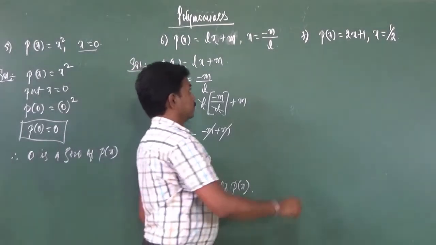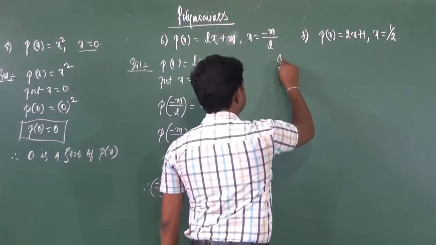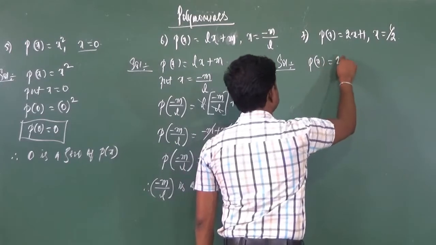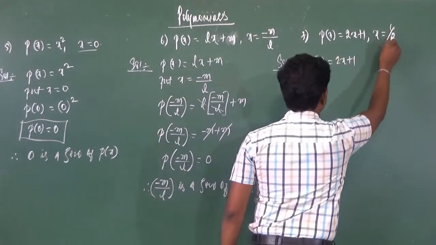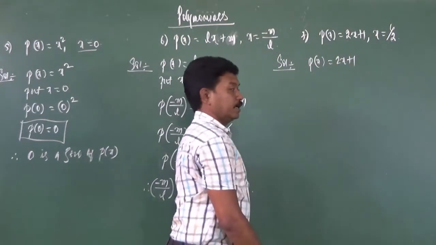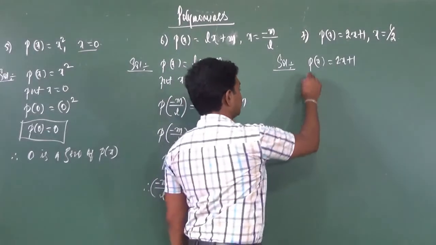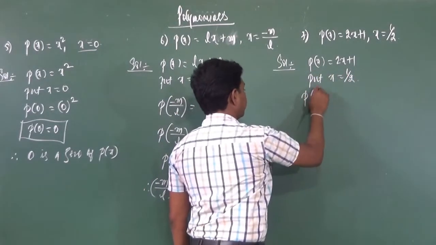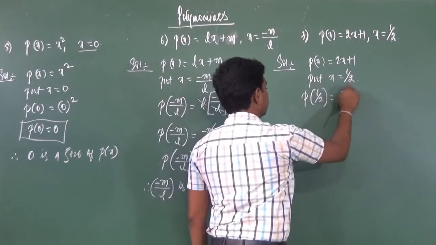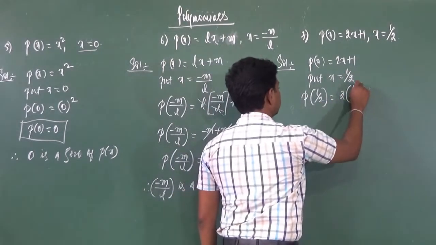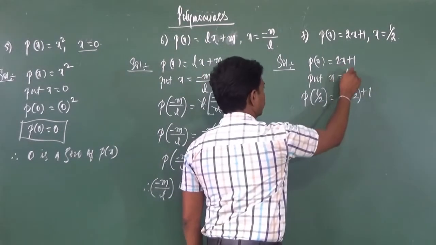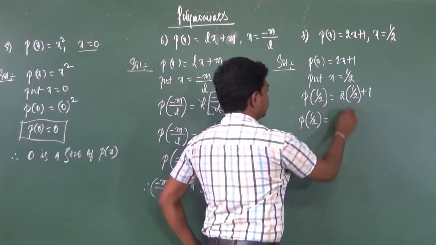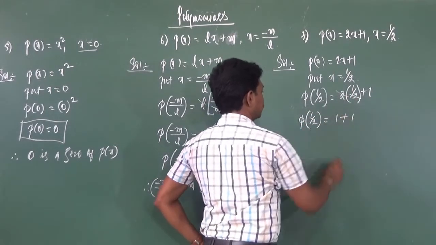Right. So we get into the seventh problem. Same thing. So p of x is equal to 2x plus 1. We have to check whether 1 by 2 is a 0 of this polynomial or not. So put x is equal to 1 by 2. So p of 1 by 2 is equal to 2 into 1 by 2 plus 1. I have substituted 1 by 2 in place of x. So p of 1 by 2 is equal to 2, and 2 cancels, so we are left with 1 plus 1.